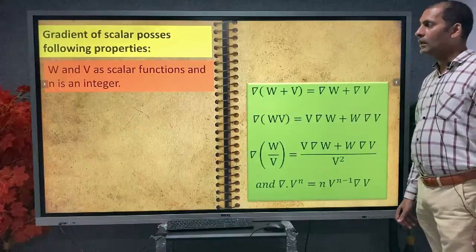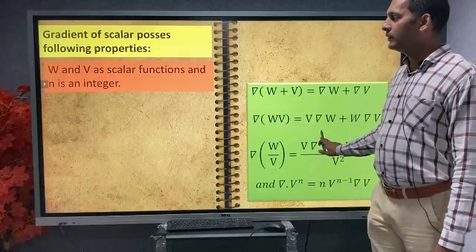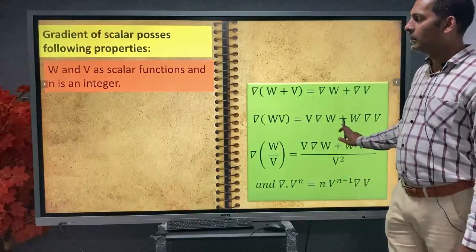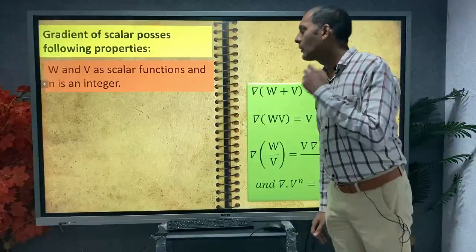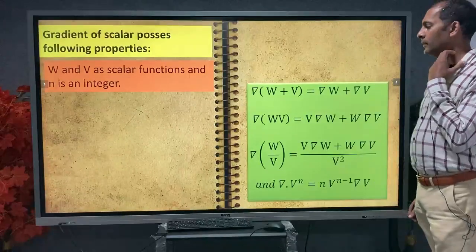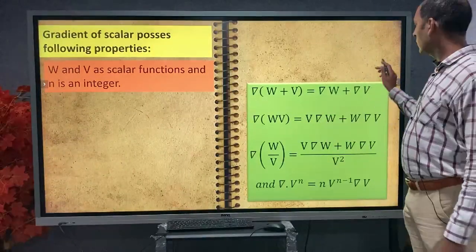Then it has some properties, gradient properties, where W and V are 2 scalar functions. Then it follows the following rules.